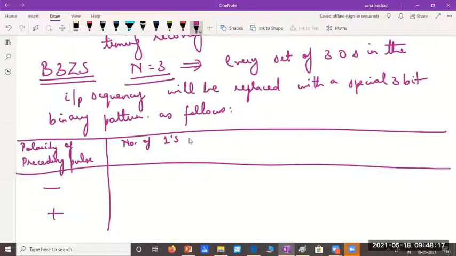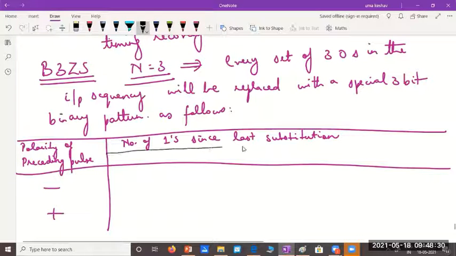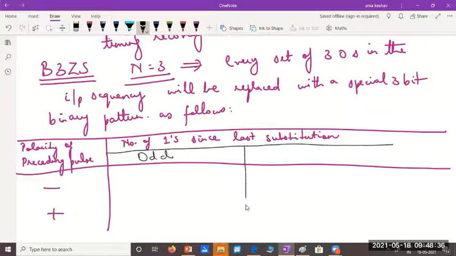I'll simply say number of ones since the last substitution, same as how we wrote the previous case. So how many ones are there since the last substitution? I should count that. If there are an odd number of ones, then I should use one type of replacement. If there are an even number of ones, then I should have a different replacement.